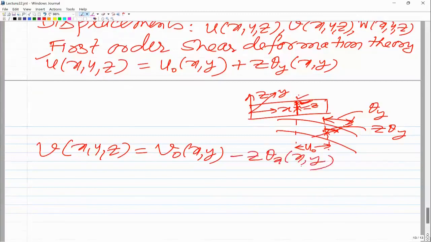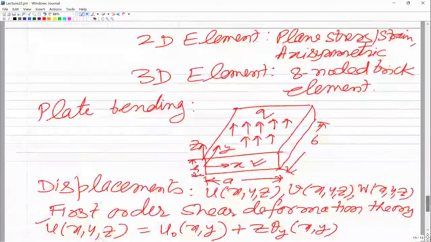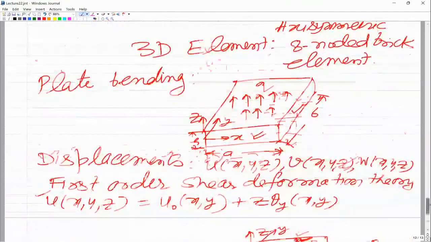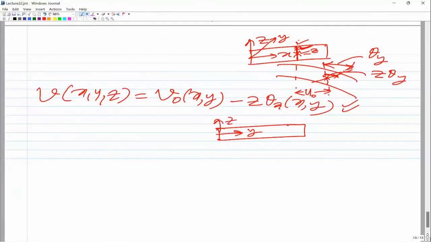which is a function of x and y. How I am writing that is, to actually write this, you take any yz plane, this kind of a plane. So this is the y coordinate and this is the z coordinate. As per the right hand triad, x would be coming in this direction. If I take the rotation about the x axis as positive, this has theta x.